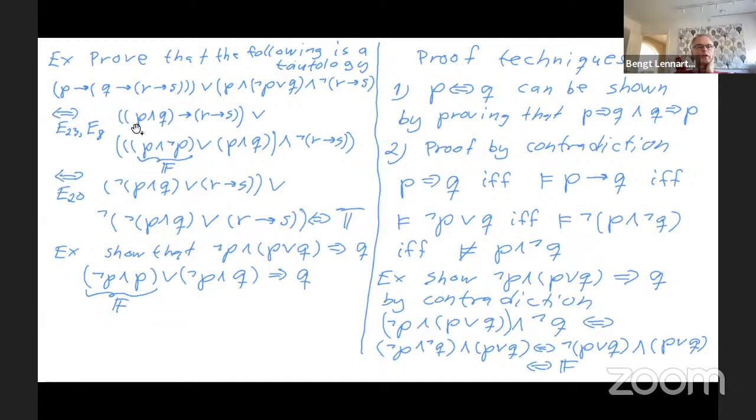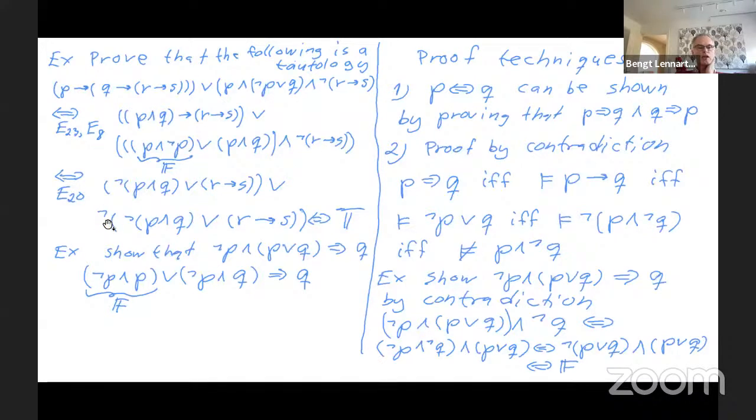So let's sum up here. Here I've also now used this conditional replaced with not on the first or the second. So not P and Q or R conditional S or, and then here we have P and Q and not R conditional S. But now I remove the negation here, so I use De Morgan's rule.